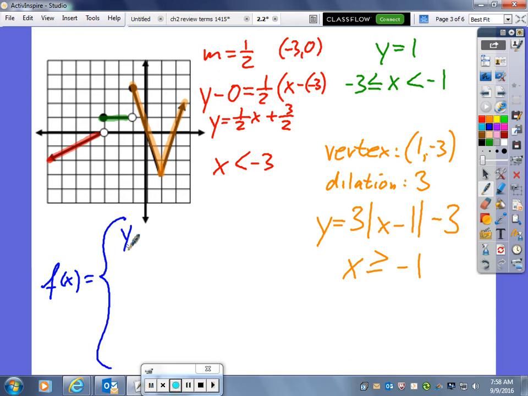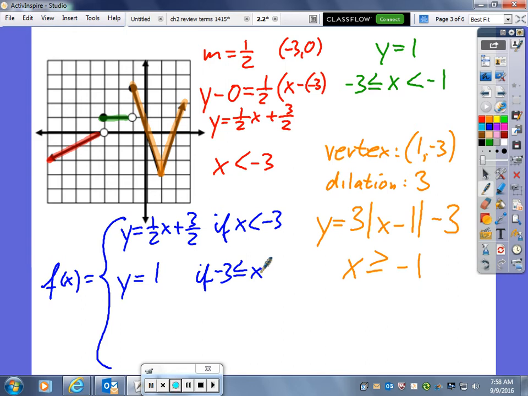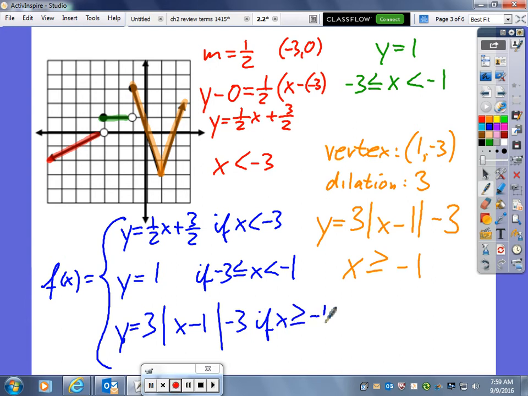The first piece is y is equal to 1/2 x plus 3/2 if x is less than -3, y is equal to 1 if -3 is less than or equal to x is less than -1, and y is equal to 3 times the absolute value of x minus 1, the whole minus 3, if x is greater than or equal to -1.